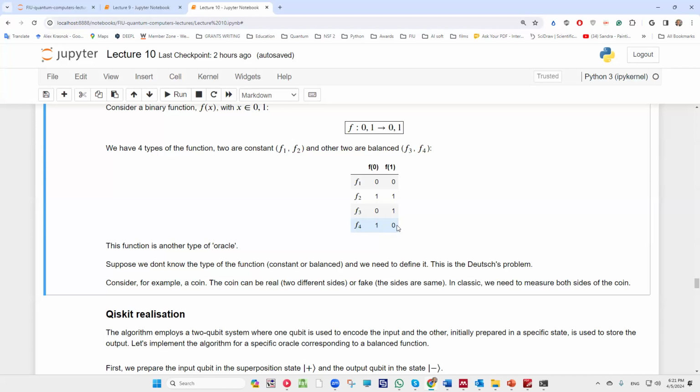And on average, we need to call this function several times if we do it classically, right? If we use a classical algorithm, we call this function several times, in this case I guess 4 times, to figure out the type of the function. The function itself is pretty useless.